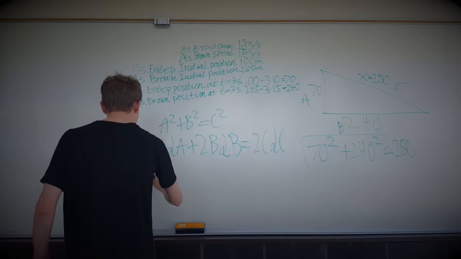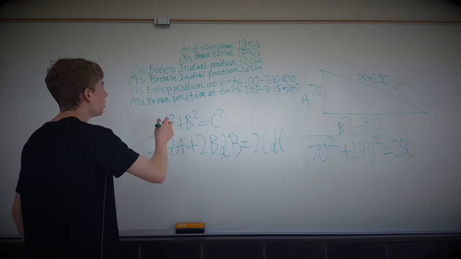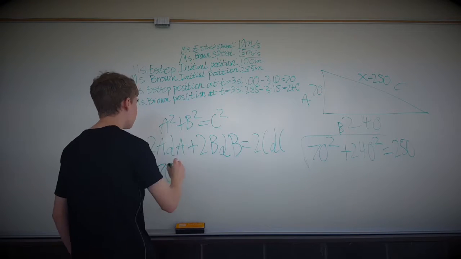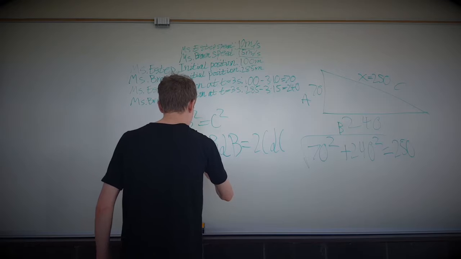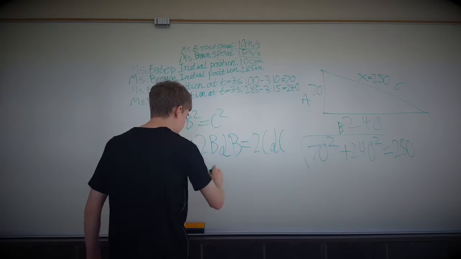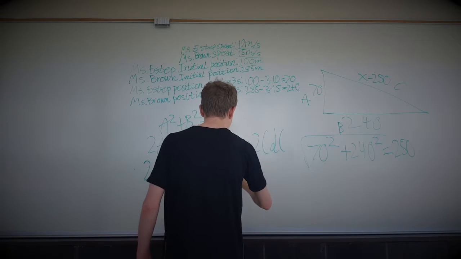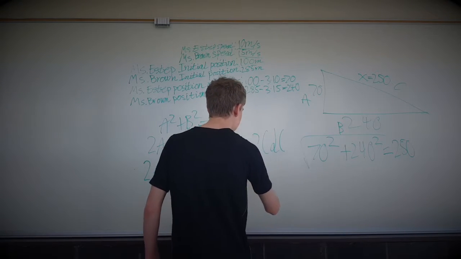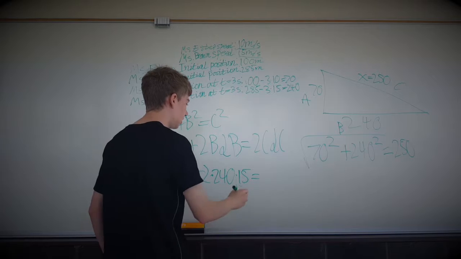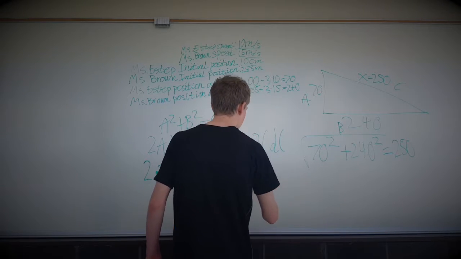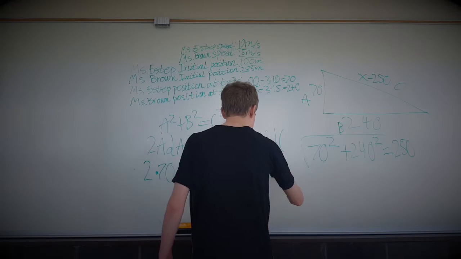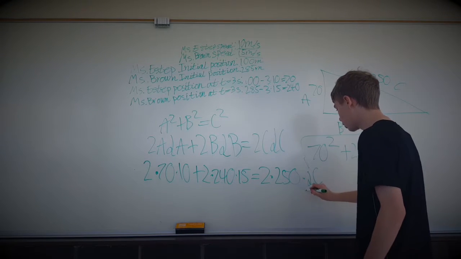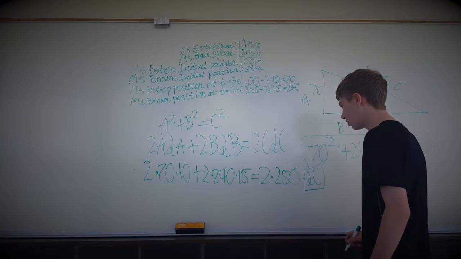So we have 2 times A, which is 70, times dA, which is 10, plus 2 times B, which is 240, times dB, which is 15, is equal to 2C dC. So 2 times C, which is 250, times dC, which is what we want to find.